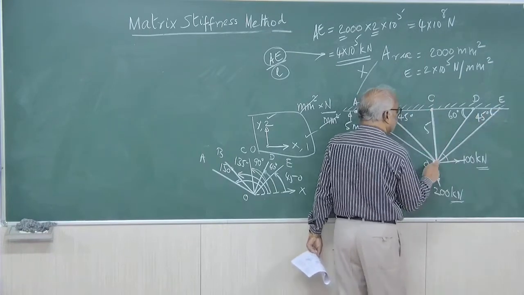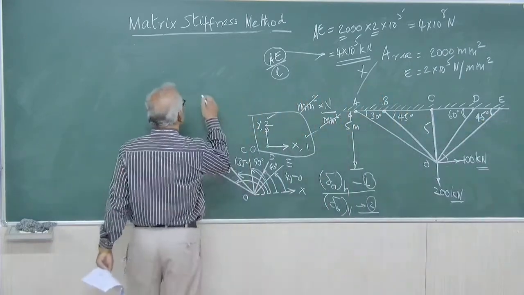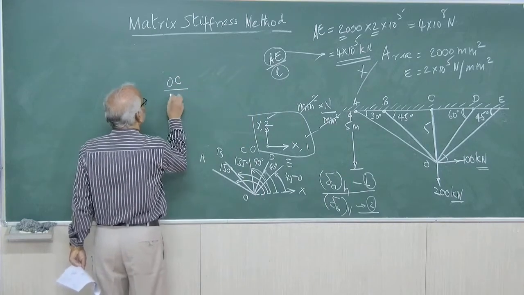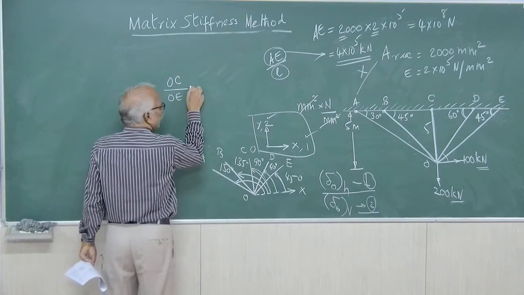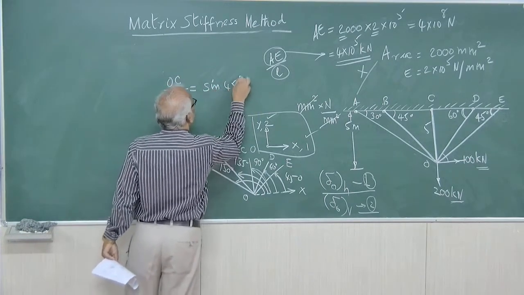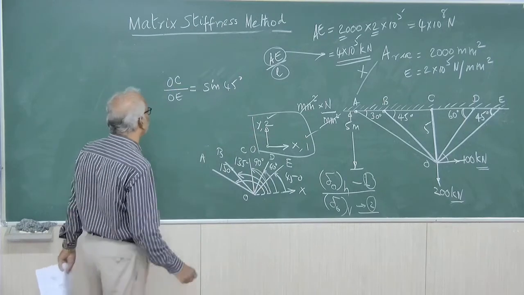OC is the opposite side. OE is the hypotenuse. Therefore, opposite side OC by hypotenuse OE equals sine 45 degrees. OC by OE equals sine 45.